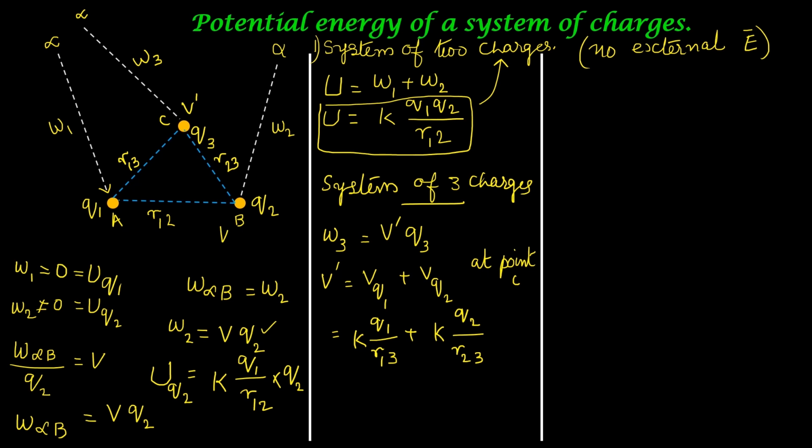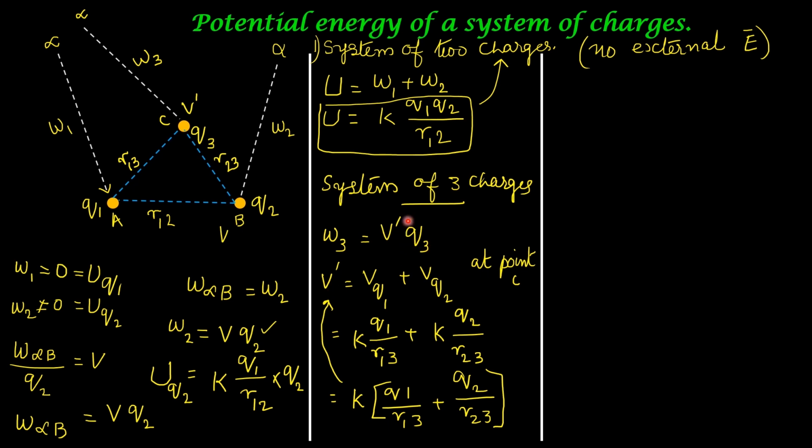R13 and R23 are the corresponding distances of the corresponding charges from point C. K is common here, so we can take it out. So K into Q1 by R13 plus Q2 by R23. This will be the magnitude of V dash.